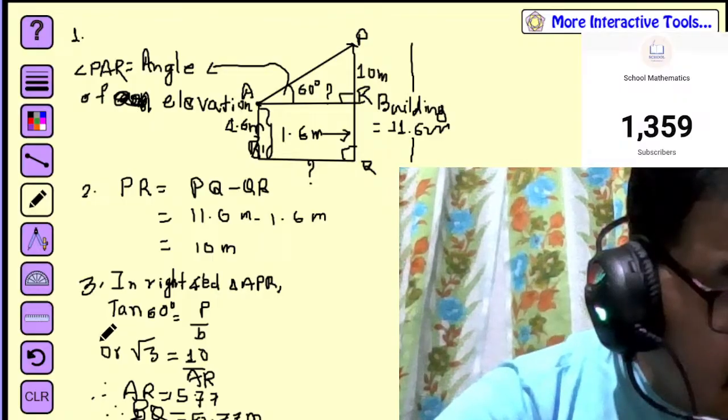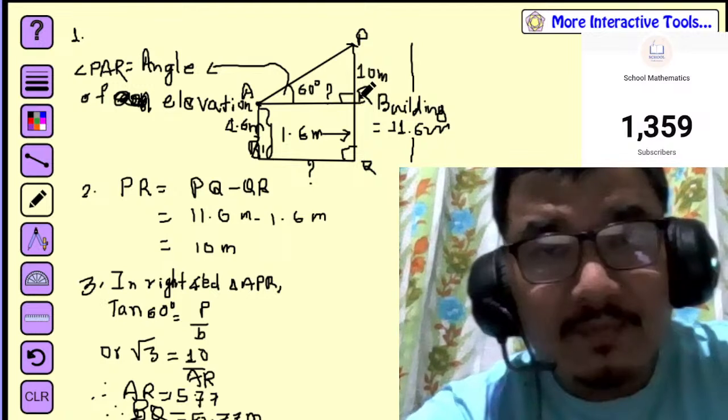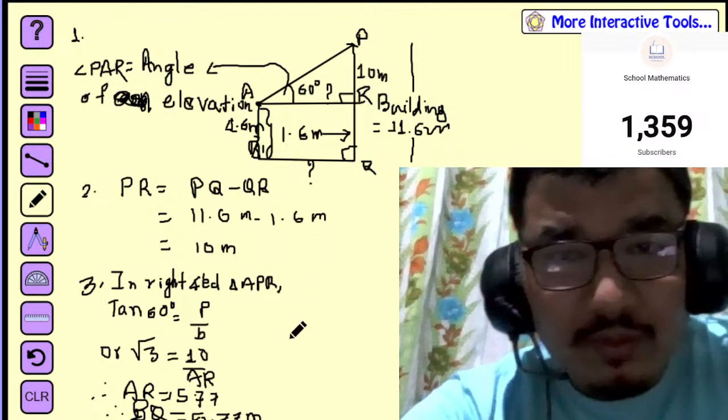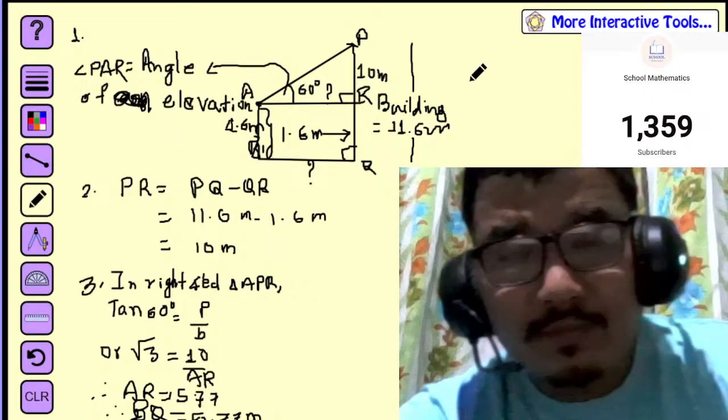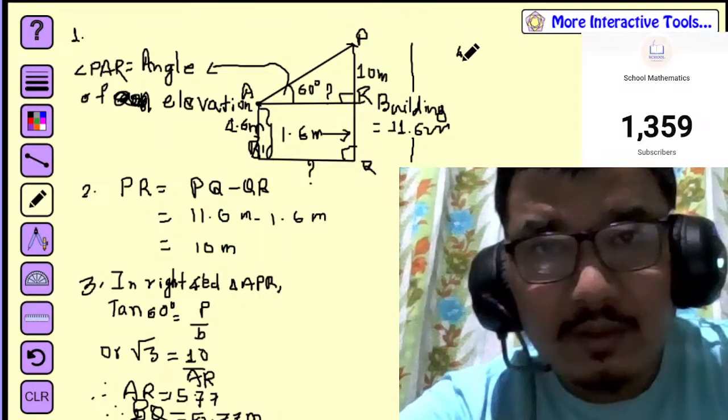And in which condition PR and AR are equal is given here. As we know, we can write here the answer to number four.